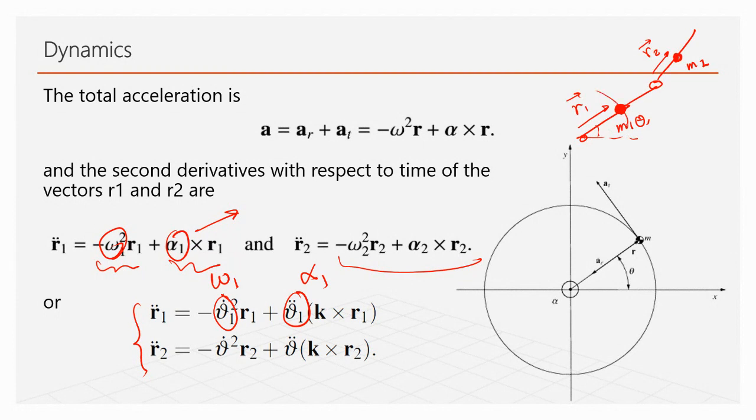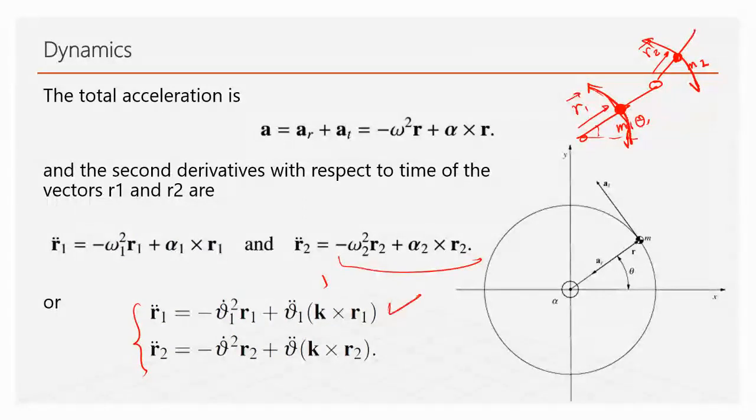So the rotation here rotates around its own center, and this one rotates around its own center, okay? Individually, if I just consider them as two independent movements, acceleration of R1 will be represented as this, and acceleration for R2 will be represented as this.